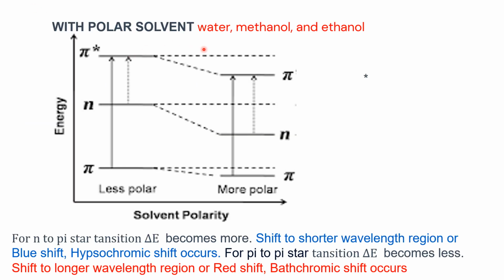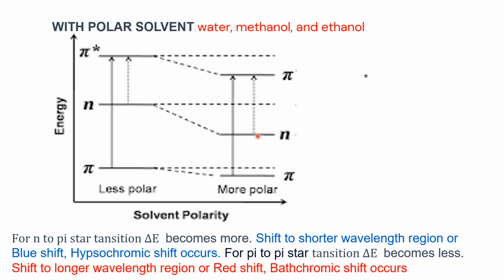So with a polar solvent, what happens is these energy levels change. As I told you, the n non-bonding orbital is the most polar, so its energy level will be drastically reduced when compared to the pi star orbital, which in turn is reduced compared to the pi orbital. So the n orbital energy level will be mostly reduced in a polar solvent.